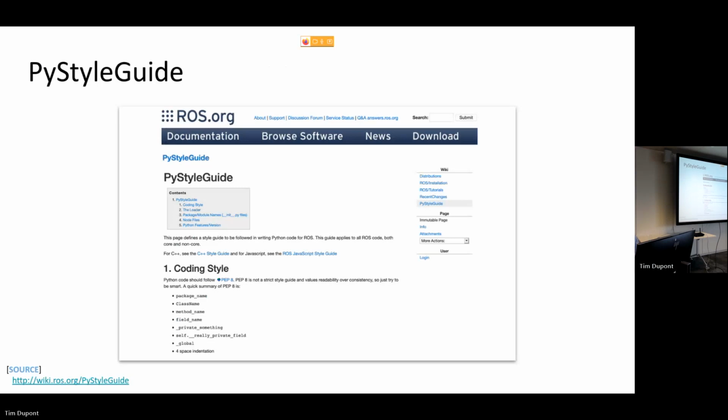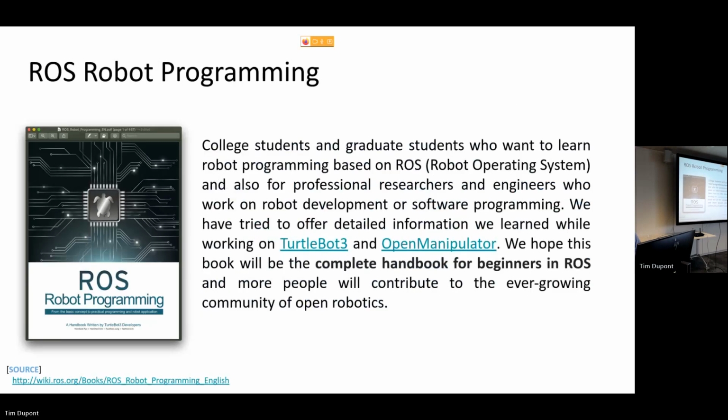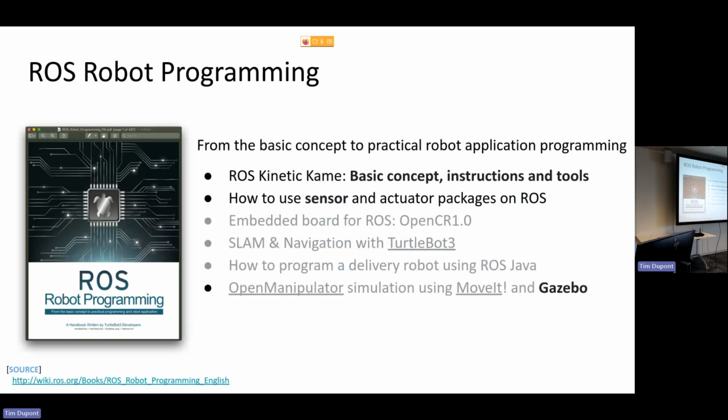There's a coding style for Python and for C++, if you want to follow it and open source your project and share it with the community. So read into it. Also some interesting books. This one is the ROS Robot Programming book for the TurtleBot3 and the OpenManipulator arm. It's for an older version of ROS, but the basic instructions and concepts are free to use.